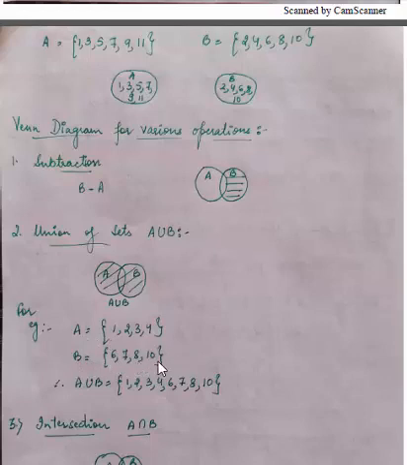To find the union of two sets, we look at all the elements in the two sets together. A union B means A plus B. So A union B is all the elements contained in A and B, that is 1 2 3 4 6 7 8 10. So both the circles have been shaded to show the union of these two sets.